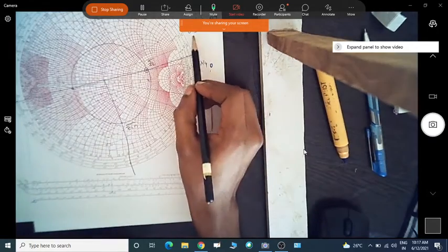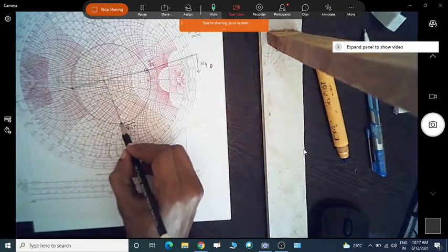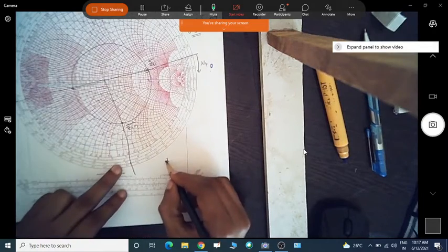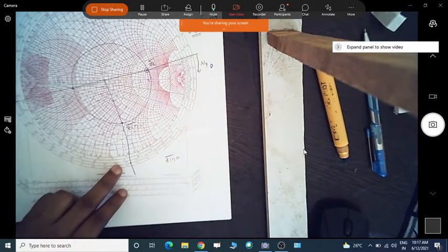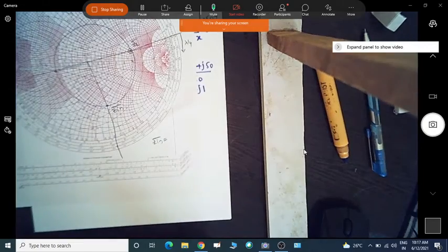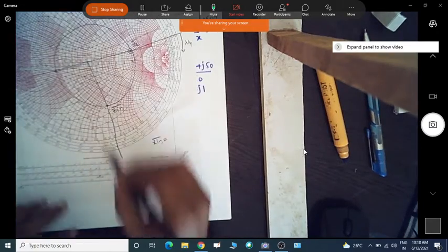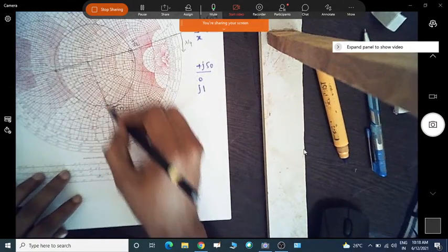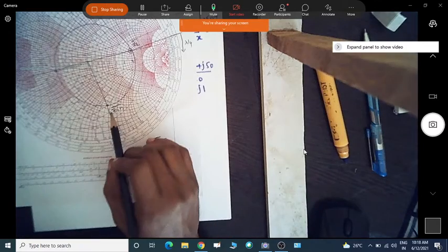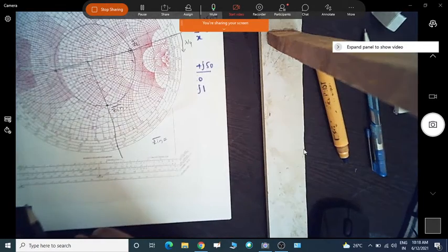Now for this particular problem, tell me what is the normalized input impedance value. At this point, draw exactly the straight line and find out the input impedance value.